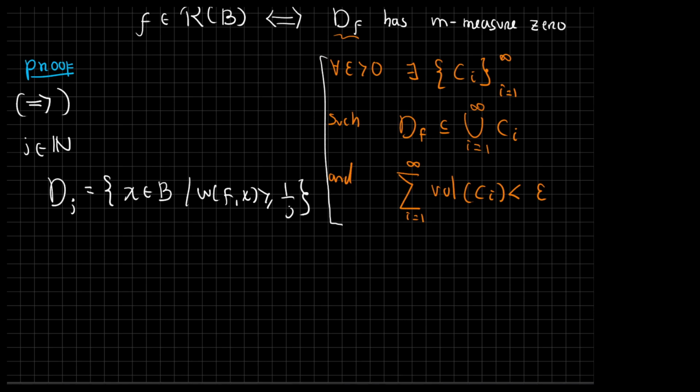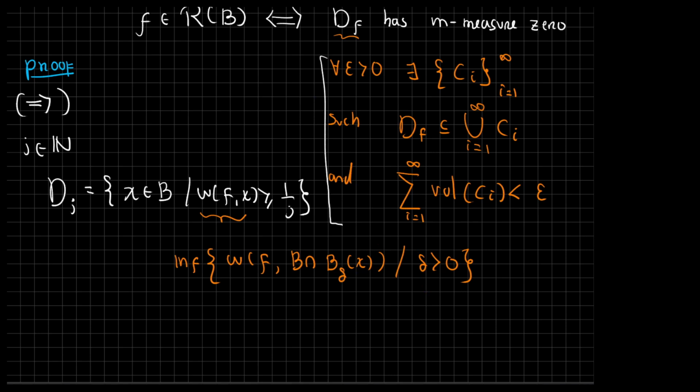Just to remember, this oscillation is defined as the infimum of the oscillation of f in the domain intersected by a ball with radius delta centered in x, such that delta is positive. So it is the infimum over the restrictions of f to neighborhoods of x with a decreasing radius.